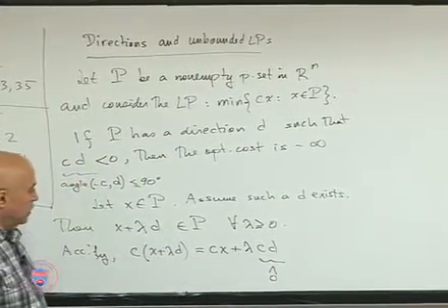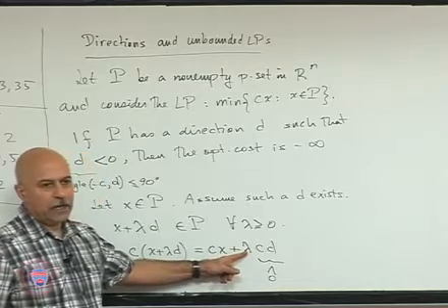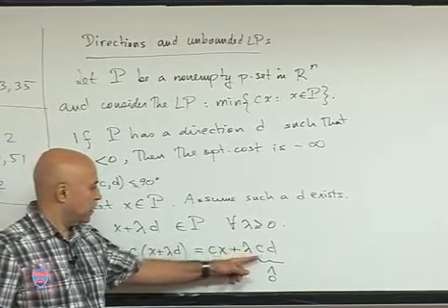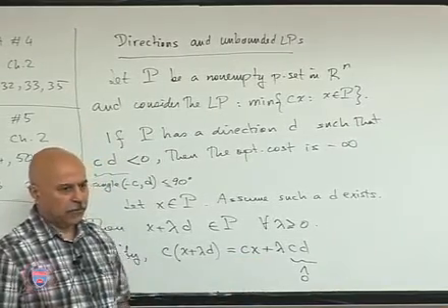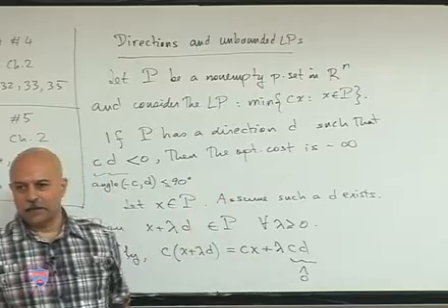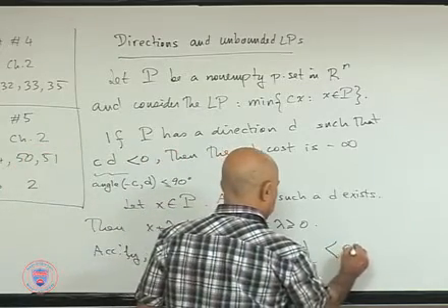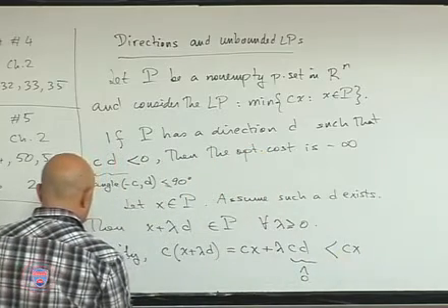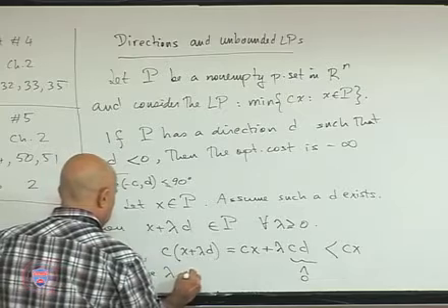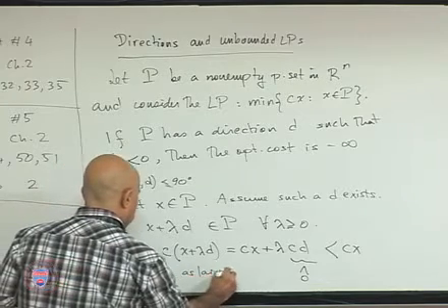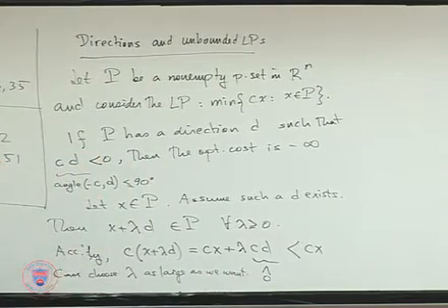Which means, if you take your lambda to be a positive number, you're adding a negative number to the old objective value at the point x, so you get smaller. And of course, you can make your lambda as large as you wish and get smaller and smaller. So we can choose lambda as large as we want, and the conclusion follows.